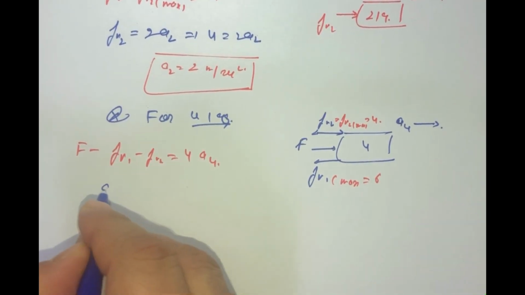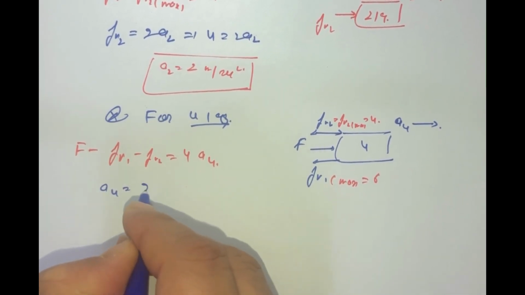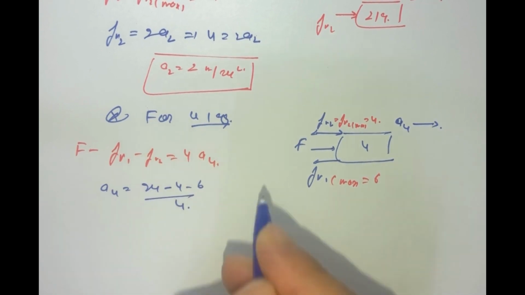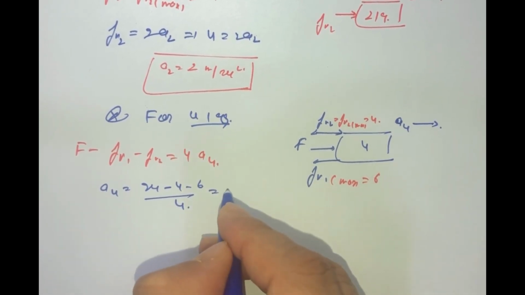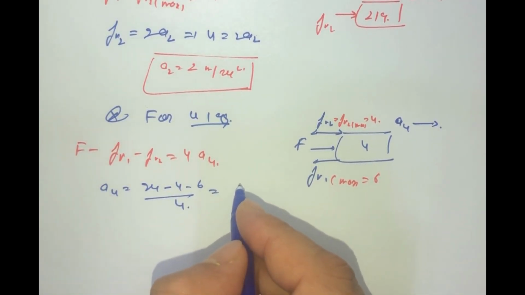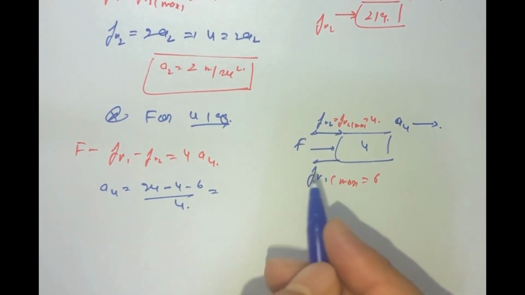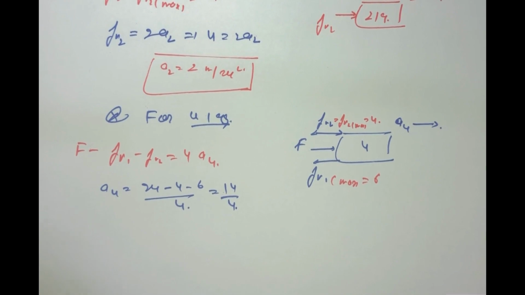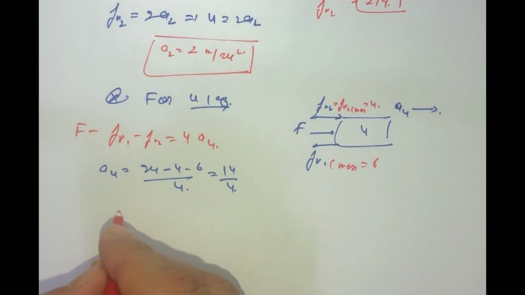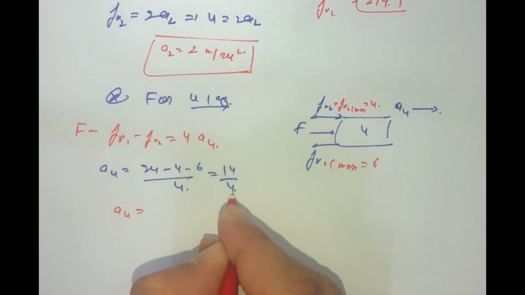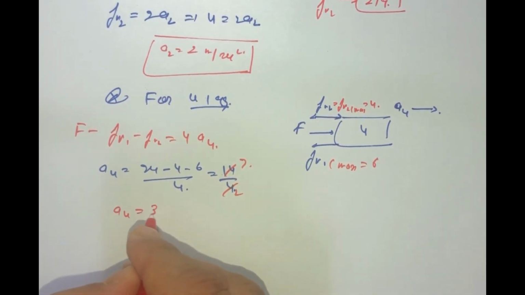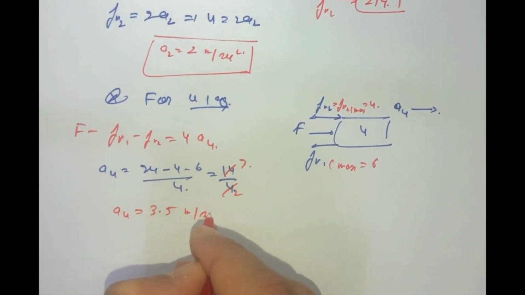And we can say our A4 is equal to 24 minus 4 minus 6 divided by 4, so it will be equal to 14 by 4. So our acceleration A4 will be 3.5 meter per second square.